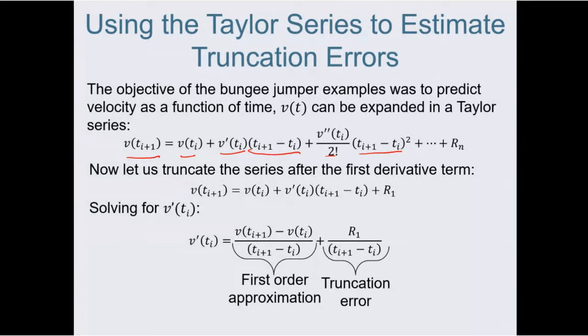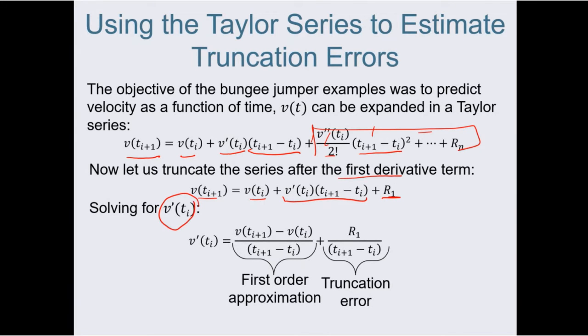Now, if we truncate this after the first derivative term, which means from here onwards we truncate it, then we'll get v of ti plus 1 is v of ti plus the first derivative plus the remainder term of the first derivative.